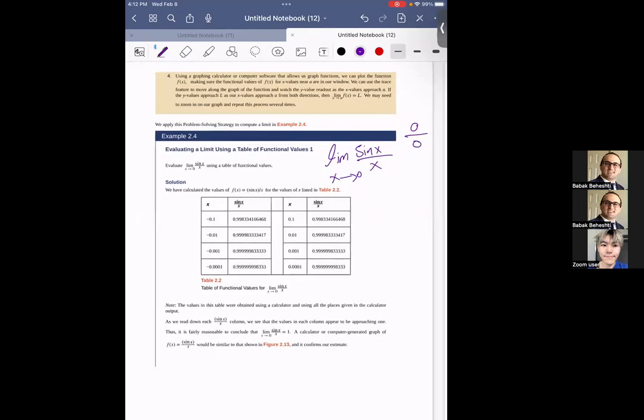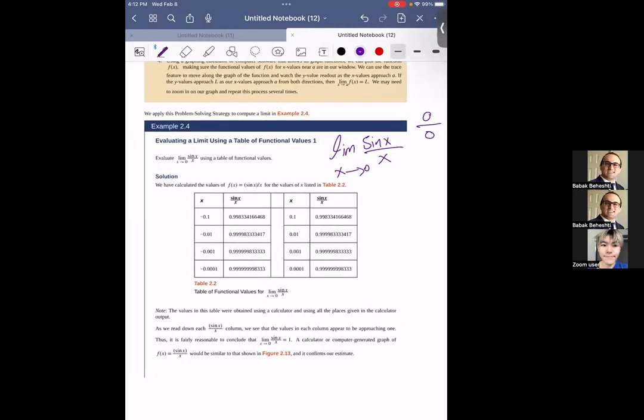For example, let the value of x be 0.1, 0.01, 0.001, and so on. Make this table with these values for x, and then compute sine x over x.